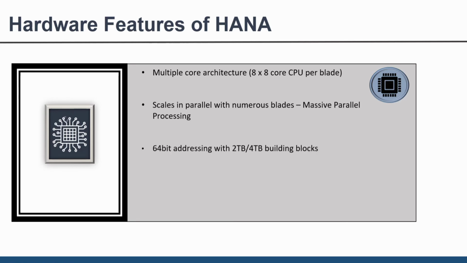Another important hardware feature is 2 TB or 4 TB of 64-bit huge memory, or huge RAM. Now you can imagine if you have 2 TB or 4 TB of RAM, how much faster your system will be. So this is another important hardware feature of HANA.